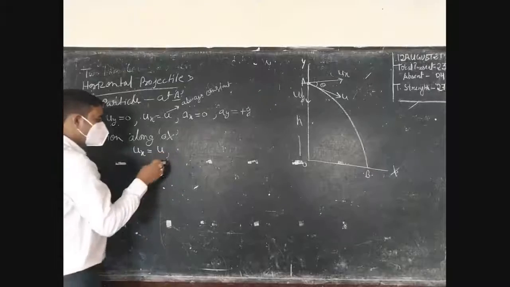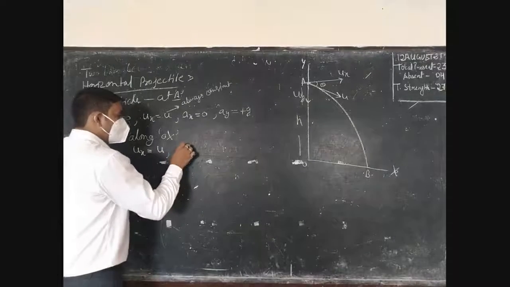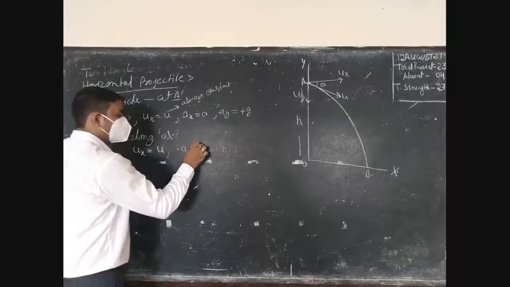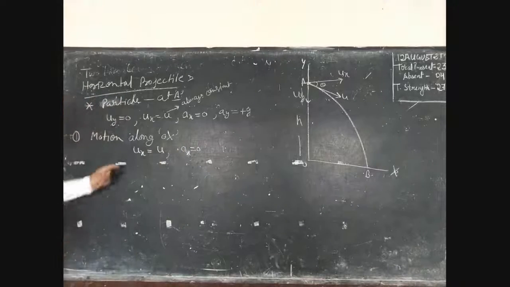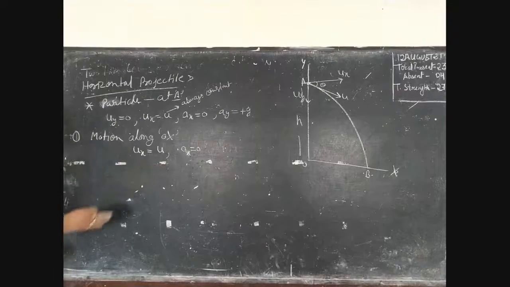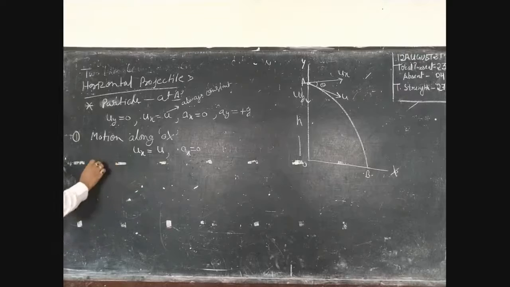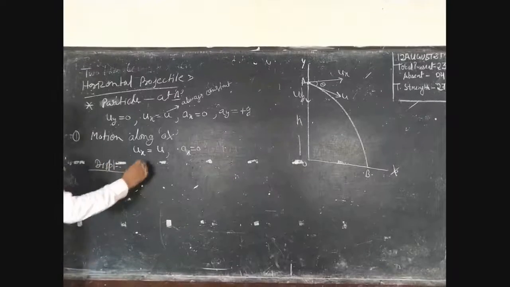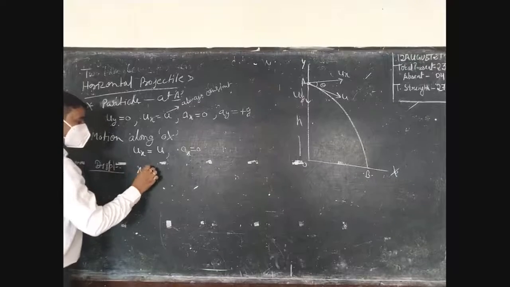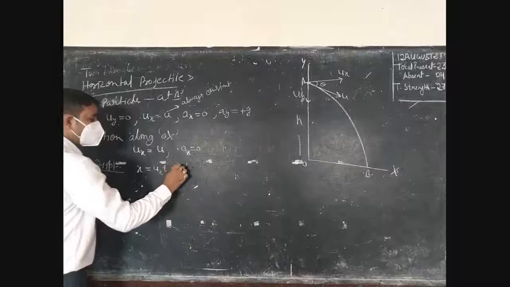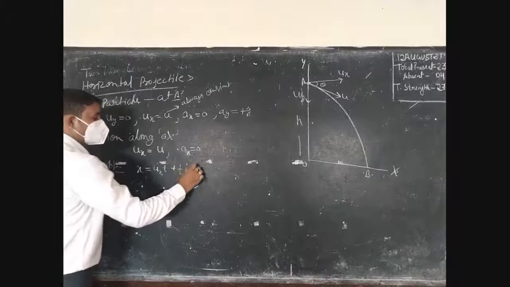Next, the acceleration of the projectile in the direction of x is 0. Second, the displacement along the x-axis. How much is the displacement? x is equal to uxt plus half axt square.